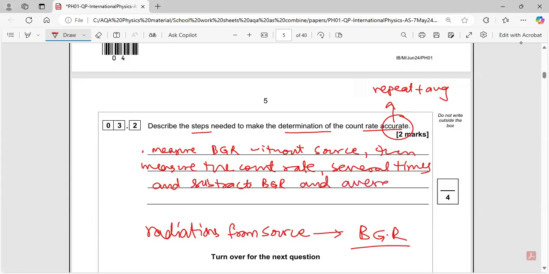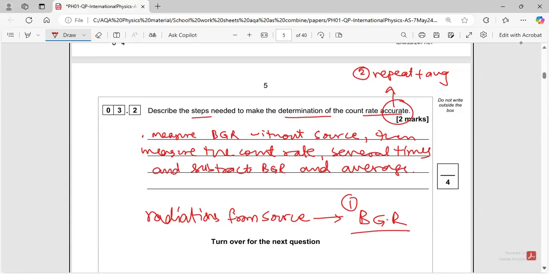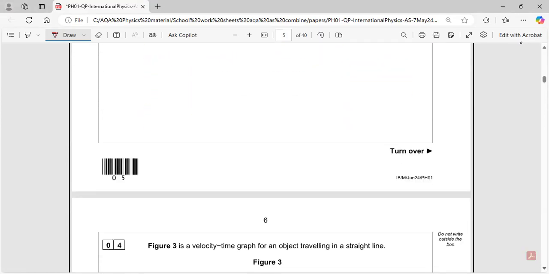So what you have to do is take two steps. One, measure the background and subtract it from the reading, and second, repeat and average. So that's how you will get your answer.